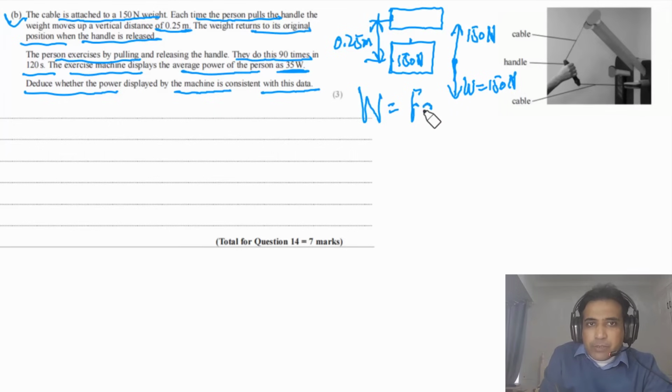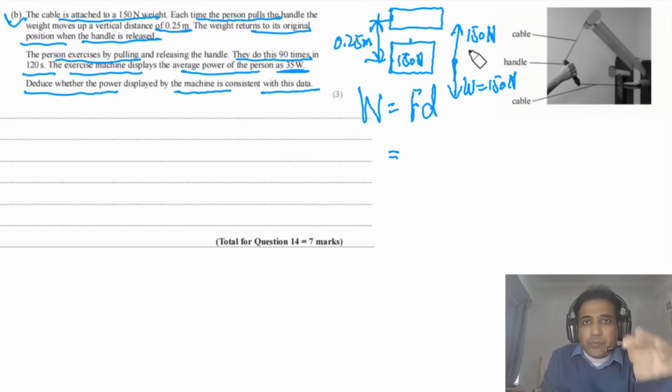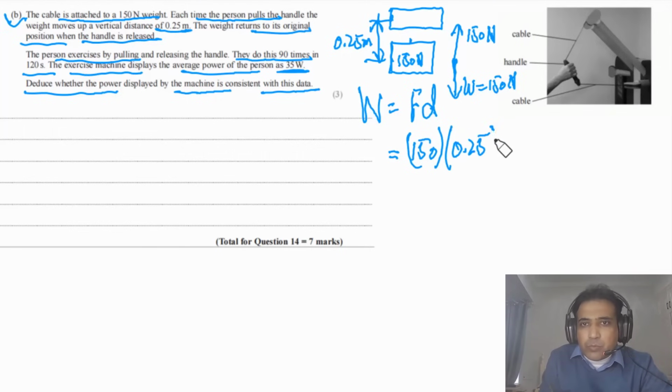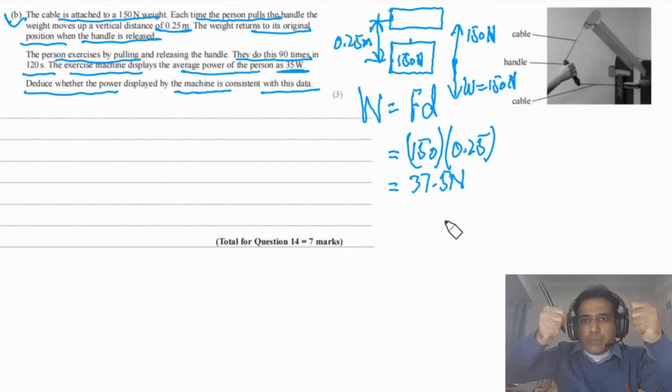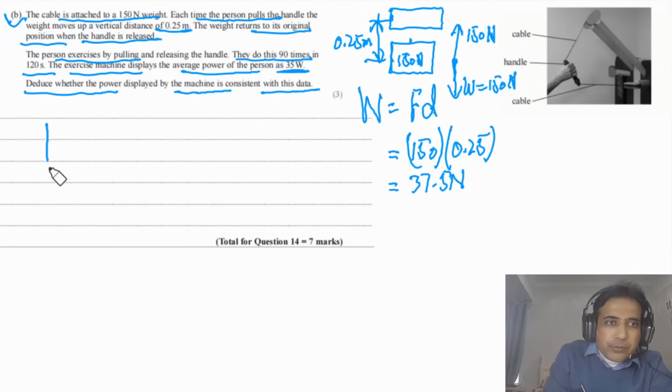So work done will be equal to force times displacement in the direction of force. The work done by the person is equal to the force applied by the person times the displacement in the direction of that force. We have the force applied by the person, 150 newtons, and displacement 0.25. We can solve this one and we will get 37.5 joules. So this is the work done by the person one time. We need to calculate power.